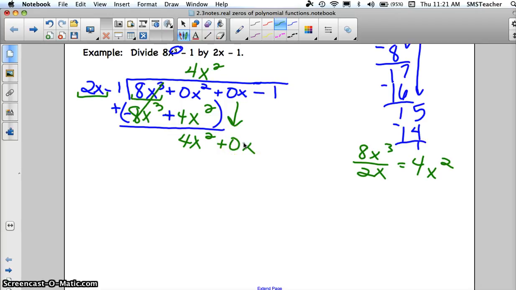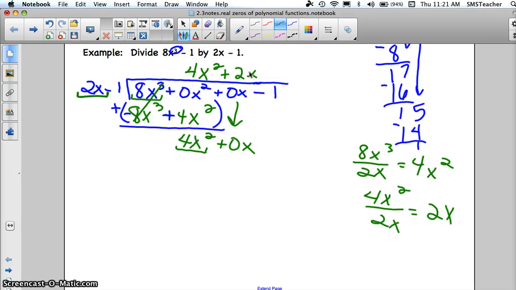Again, we will divide our first term on the inside by the first term on the outside. So if I come over and do some scratch work, that's 4x squared divided by 2x. 4 divided by 2 is 2. X squared divided by x is x. Keeping my like terms lined up vertically.